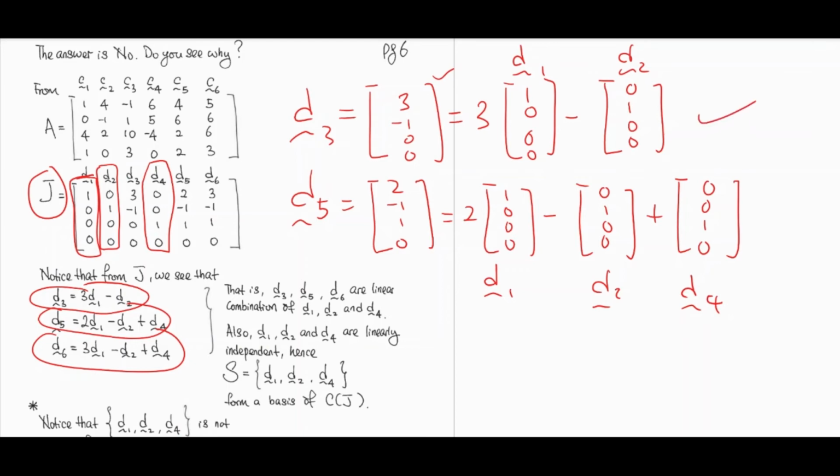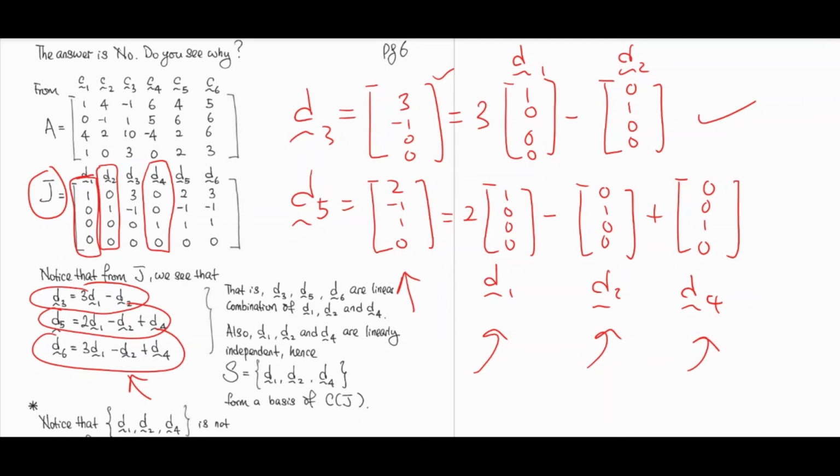D5 is this, so it can be written as 2 of this, minus 1 of this, and plus 1 of this. It's very easy to see from our matrix J. The same goes for D6, which I didn't write down here. Because the RREF matrix is a simplified row-reduced echelon form matrix, this kind of relationship you can identify just by a quick visual inspection.